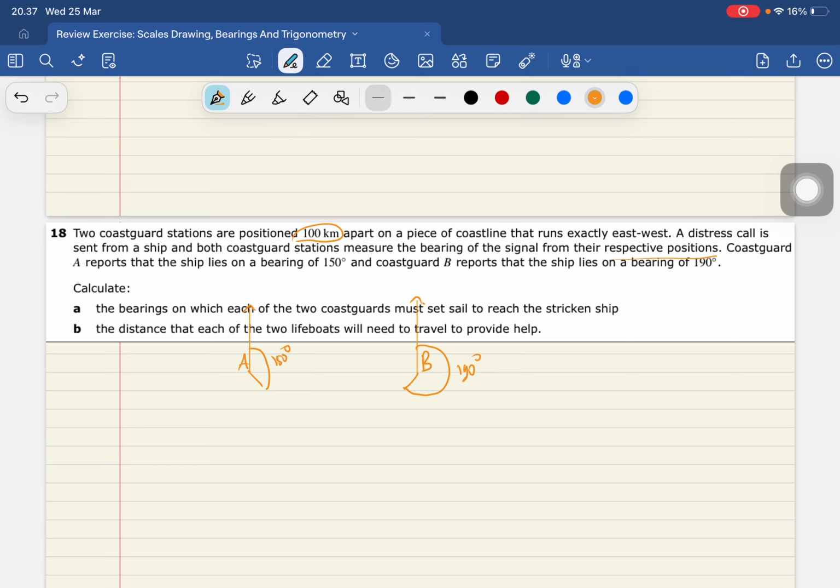So to find it, as this is 150 with east and west, we can make it a straight line. It is 90, so we can make it 150 degrees minus 90 degrees, which equals 60 degrees. So here is 60 degrees directly. And here we got 270, so 270 minus 190 degrees is going to be 80 degrees. So this angle is 80 degrees.